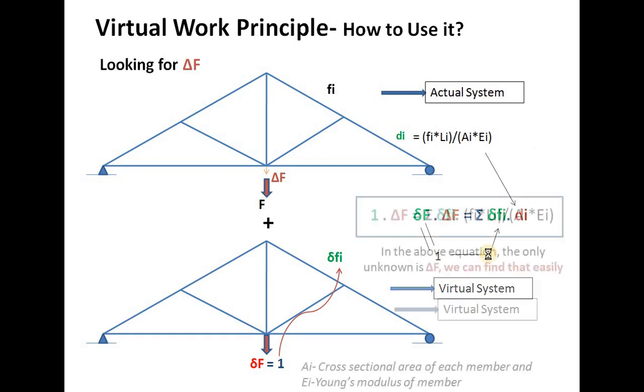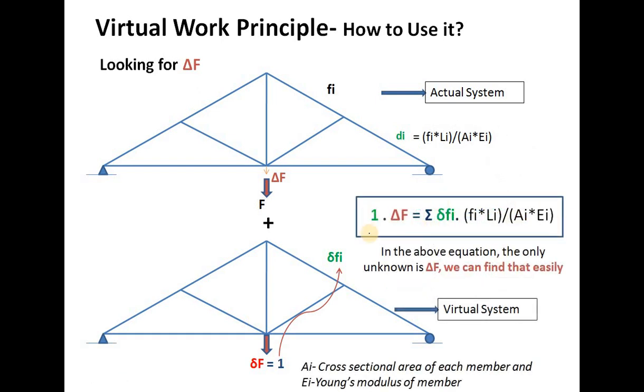Now if I rewrite that equation, it will be of this form. This F1 is the additional imaginary force which is applied, which is unity. This delta F is unknown for us. This delta Fi is the force in every component of the truss because of the unit load applied.